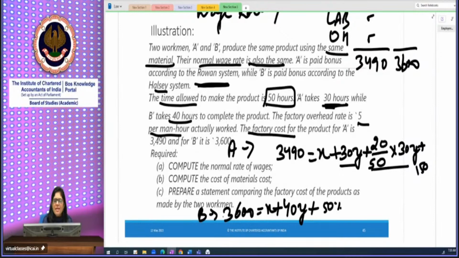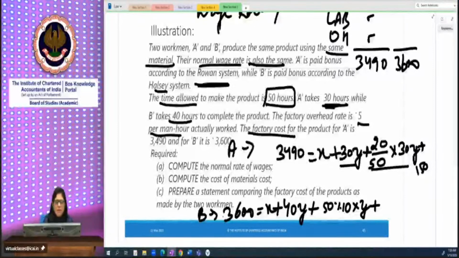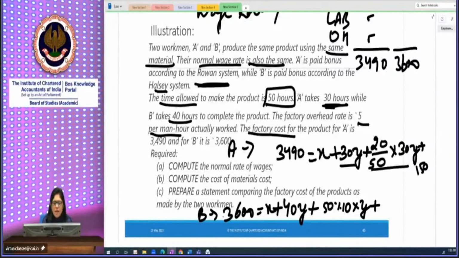Worker B has saved 10 hours, so 10 hours into rate per hour, which is Y. Plus, what is the overhead cost for B? 5 per hour, so 5 into 40 is 200. Now, this is the equation we have formed for A and B.